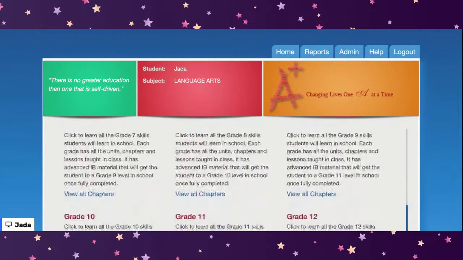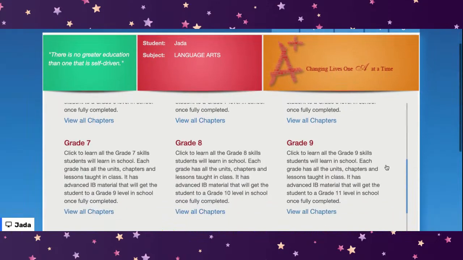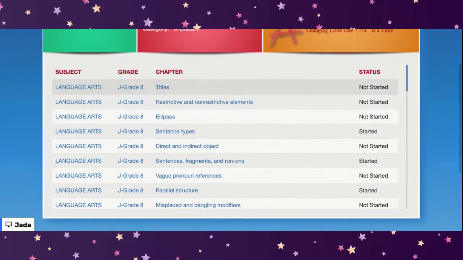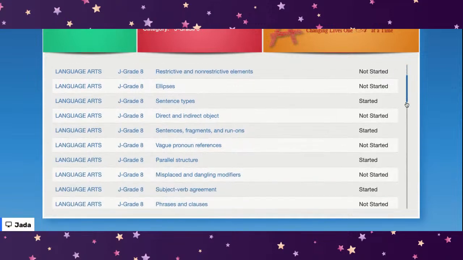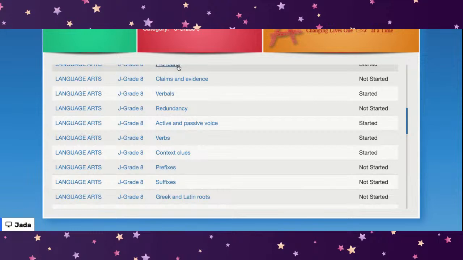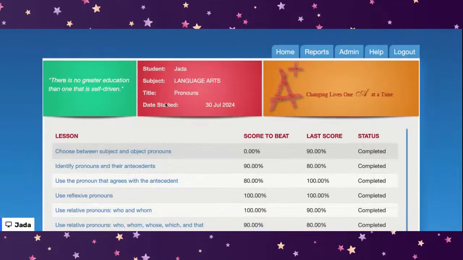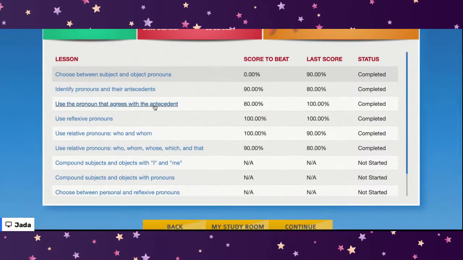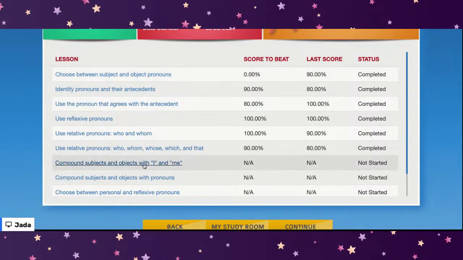Then on to grade 8, pronouns. So we've had the first 6 lessons, and today we will start from compound subjects and objects with I and me.